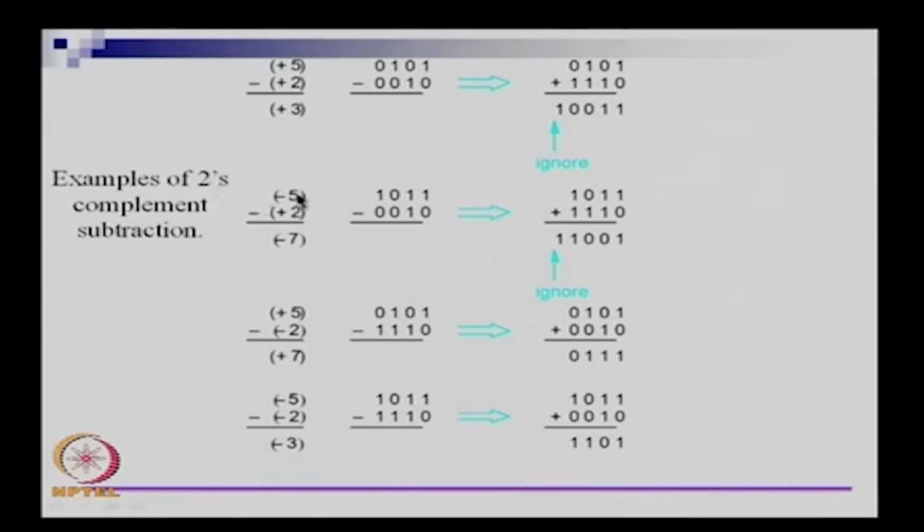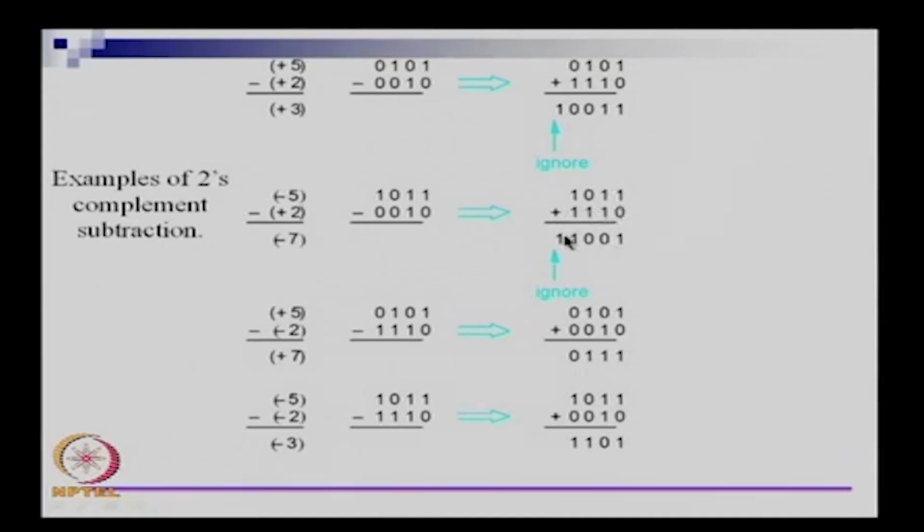Let us look at this example. I want to subtract 2 from minus 5. For minus 5, the 2's complement representation is 1 0 1 1, and plus 2's representation is 0 0 1 0. However, I want subtraction of plus 2. For subtraction of plus 2, I do it as addition of minus 2, which is 1 1 1 0 here.